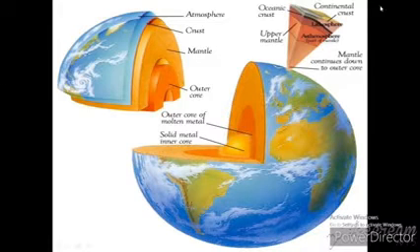Now, in this particular diagram, as you can see, the innermost part of the earth is known as the inner core, and it is composed of very solid material with nickel and ferrum, that is nickel and iron.